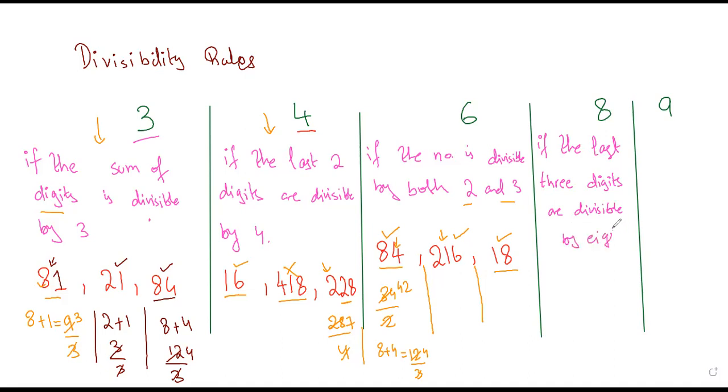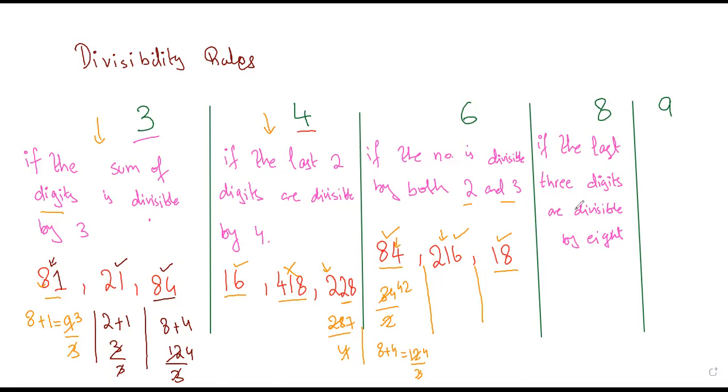Okay. Now this obviously is not that simple. The fact that you need to see the last three digits itself would be a bit challenging, but you will not come across such questions. Okay. But let's do an example quickly.